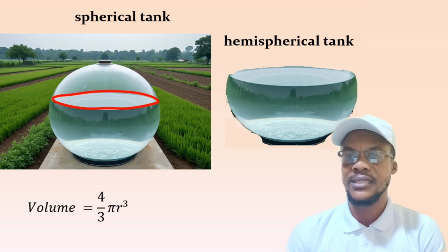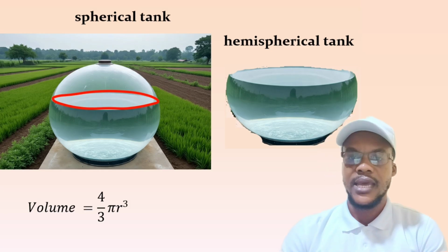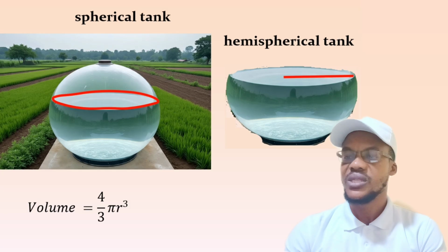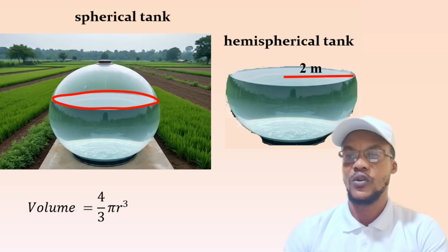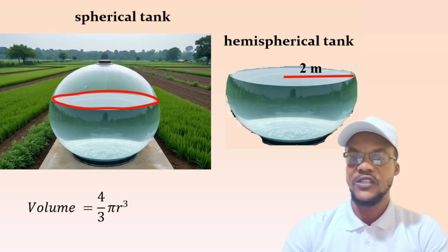If a hemispherical tank is half of a sphere, then what will be the volume? We are given the radius as 2 meters. You see where the radius is: the radius is half of the diameter of the sphere.